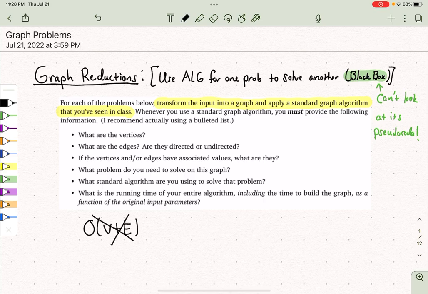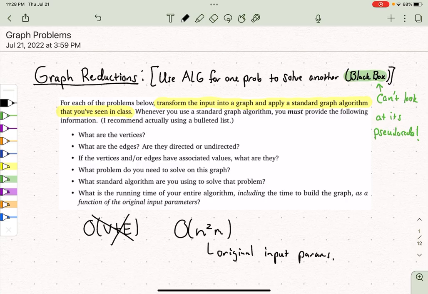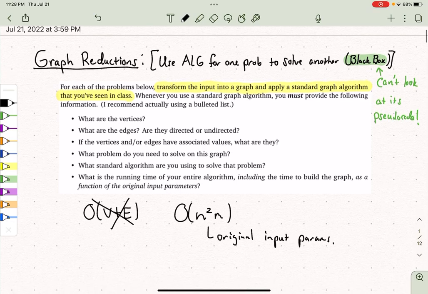That's not helpful. We'd want something like O of n squared m, where n is maybe the size of an array, m is some other quantity, but they were in the original input. So these are original input parameters. So that's the general template we'll follow, and we'll see a couple of examples of this.